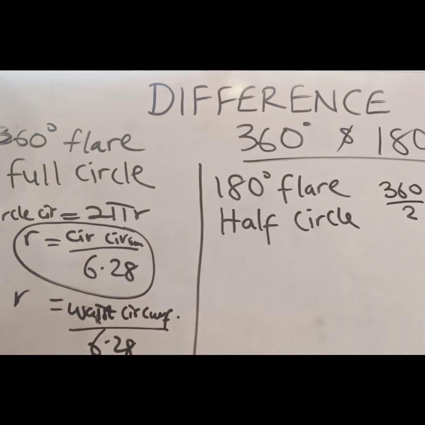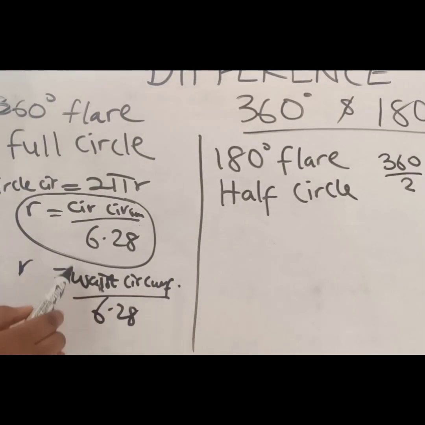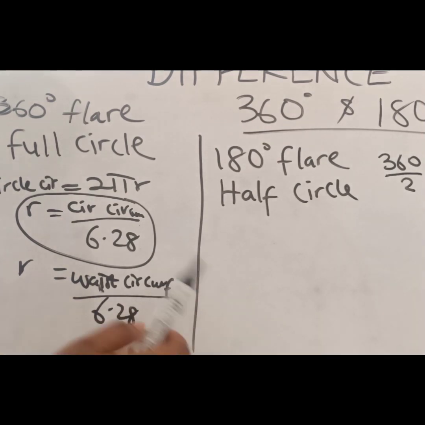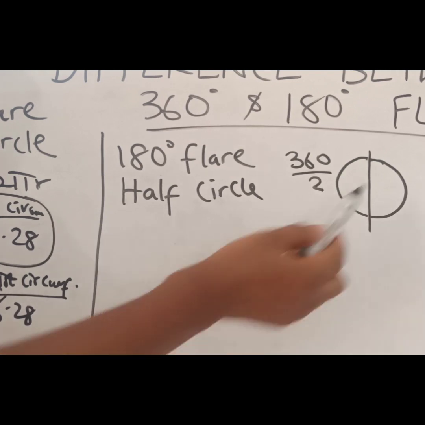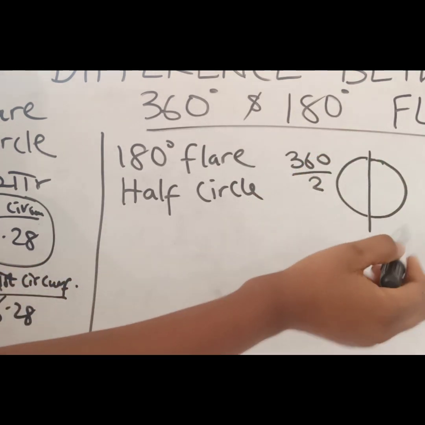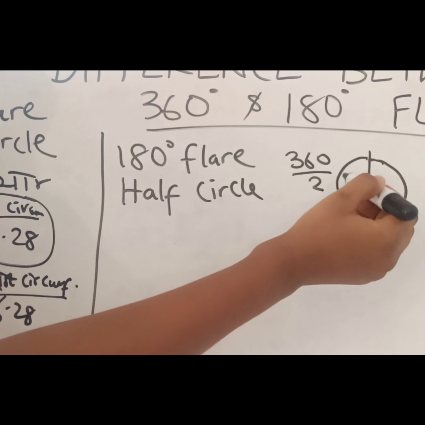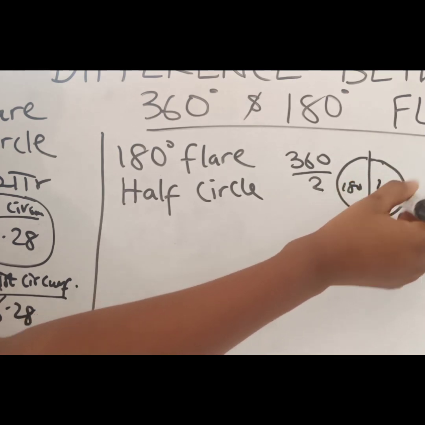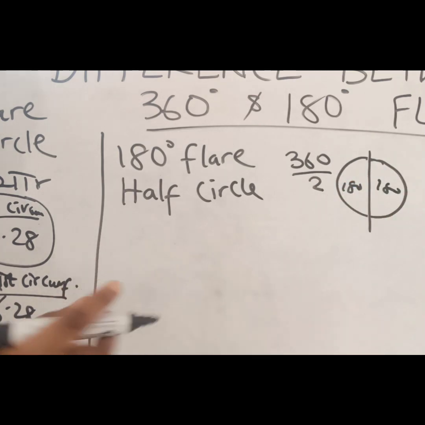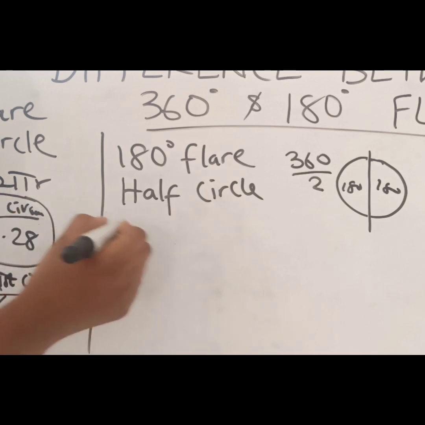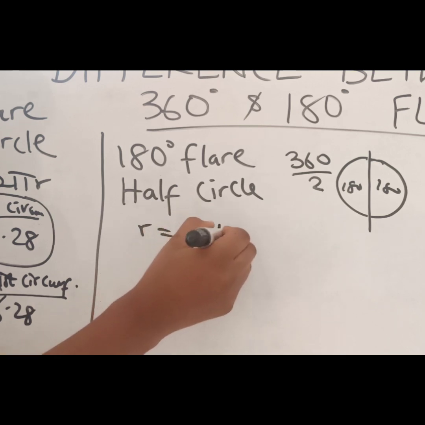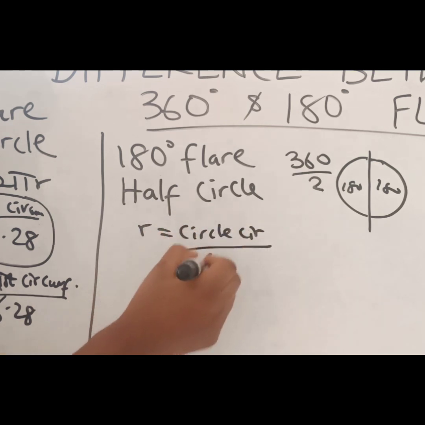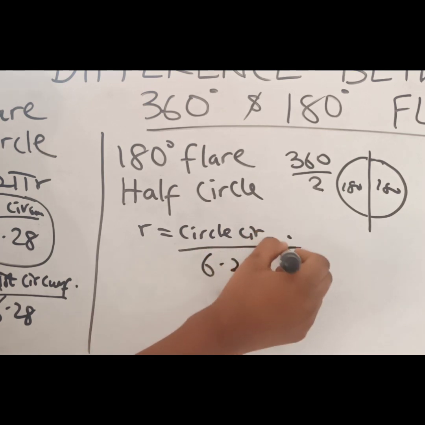So if a full circle gives us this, then what will a half circle be? Since a full circle, by the time you divide into 2, one part is 180, another part 180, it means that we can divide this formula by 2, that is radius equals the circle circumference over 6.28 divided by half.